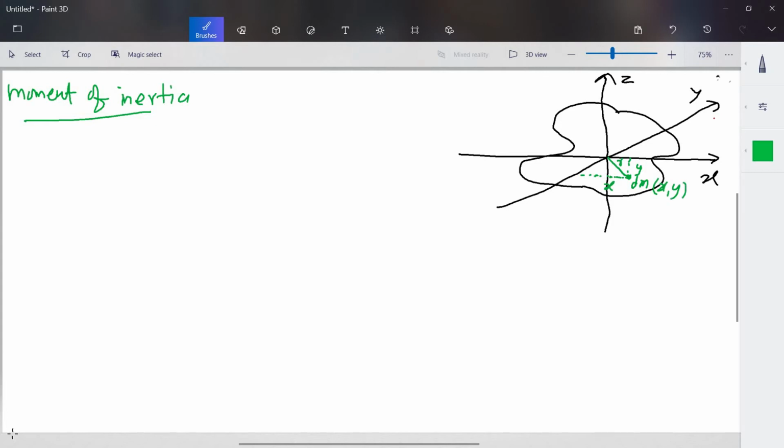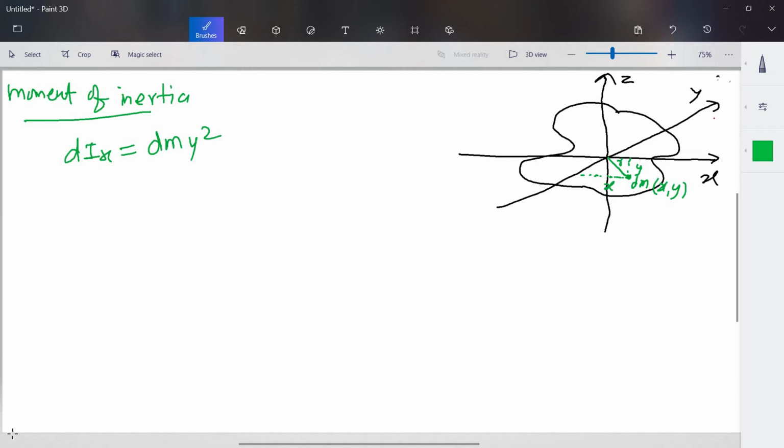As we know, the moment of inertia of this body dm about the x-axis, that is dIx, is equal to dm y squared.